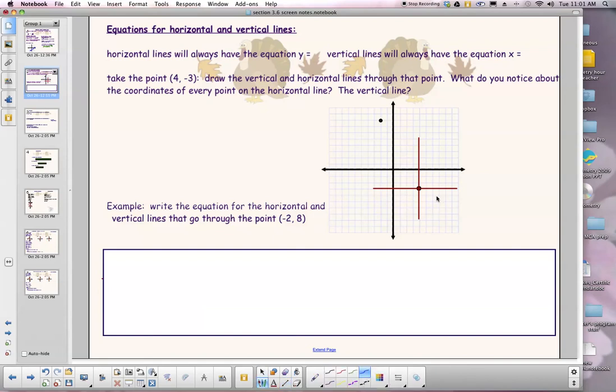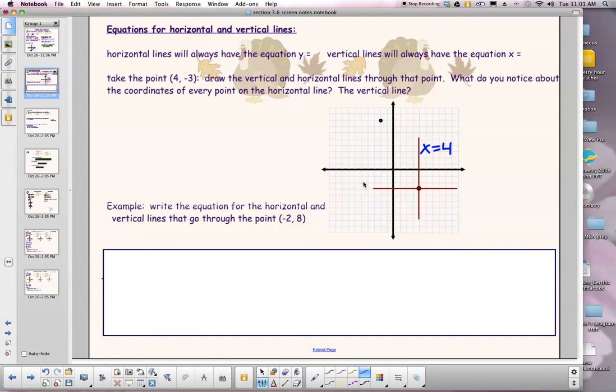So now what I'm going to do is write the equations for those lines. The vertical line crosses the x-axis, so it has the equation x equals. And all I do is figure out where it crosses the x-axis. So since it crosses at +4, the equation for my line is x equals 4.